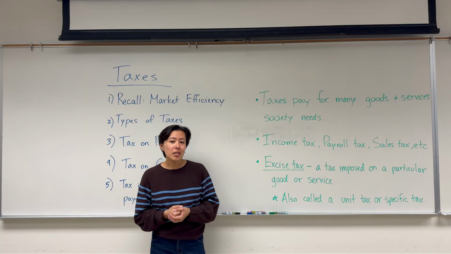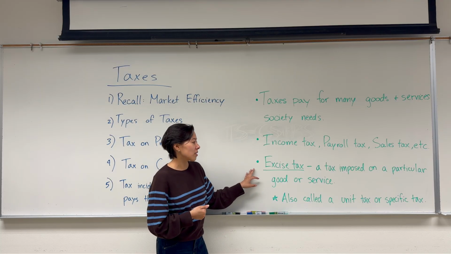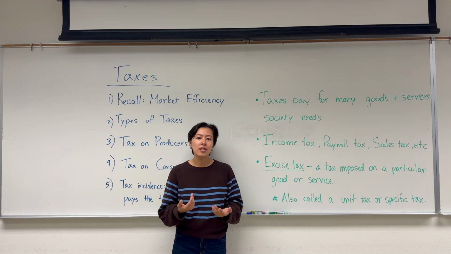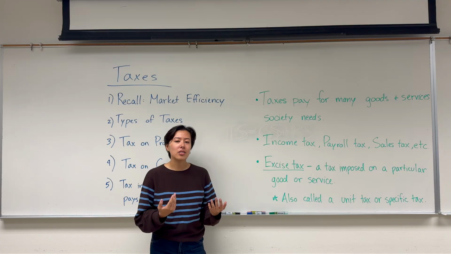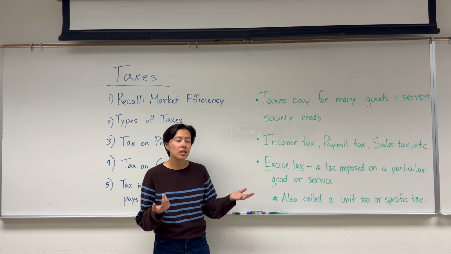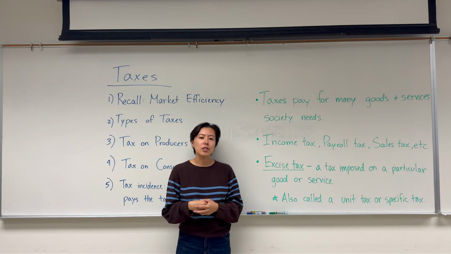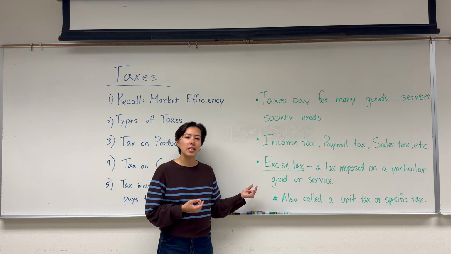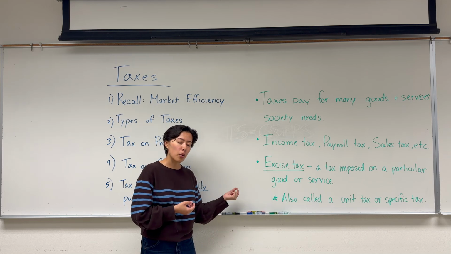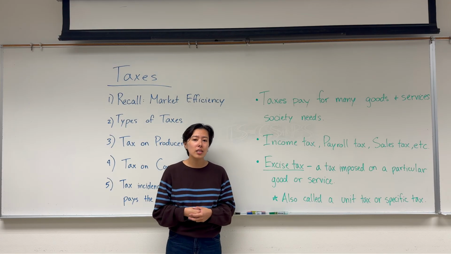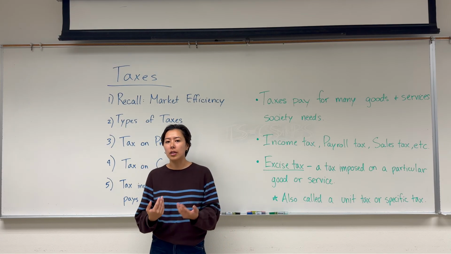The most common good that we purchase that has an excise tax implemented on it is actually gasoline. The way that the tax on gasoline is implemented is that for every gallon of gasoline you buy, the government is collecting some set amount of money in tax revenue per gallon of gas. The federal tax on gasoline in the US is about 18 cents per gallon.